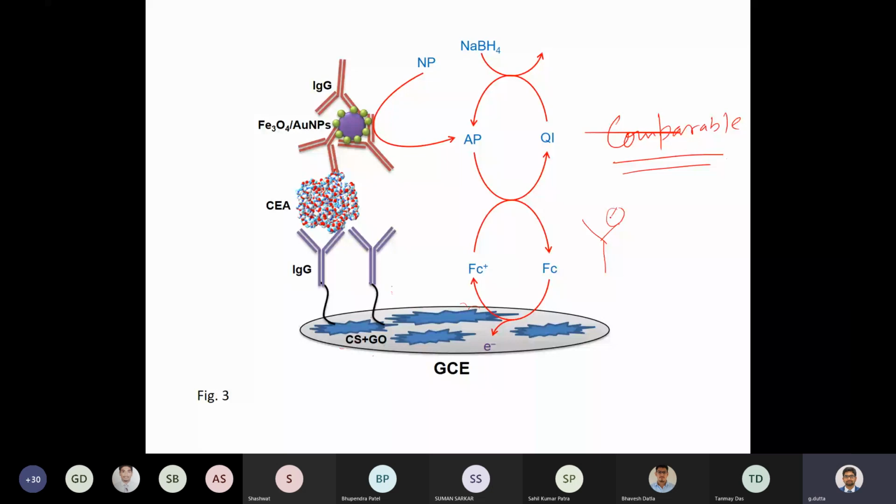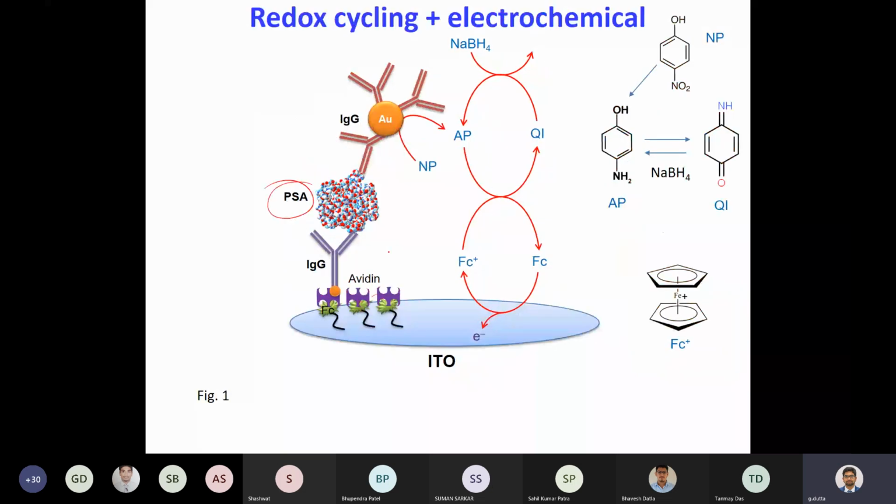Then you just compare their data and your data. Now you can make a table in your paper. This one was already reported, but you have done some work. So you can fix the target also. Instead of changing the CEA, you can even use PSA. Don't change the target. Just change the surface modification.